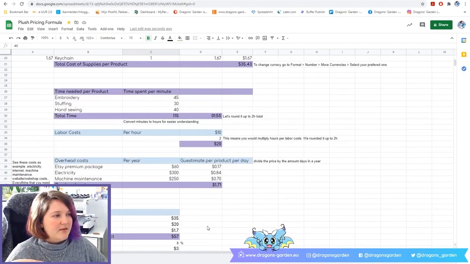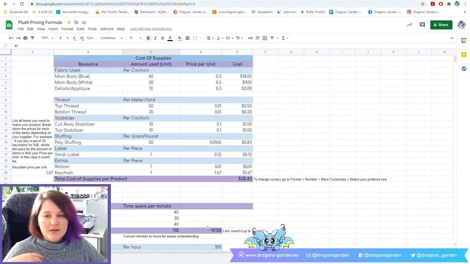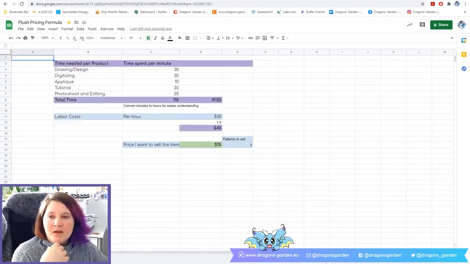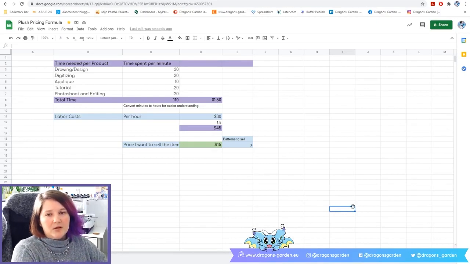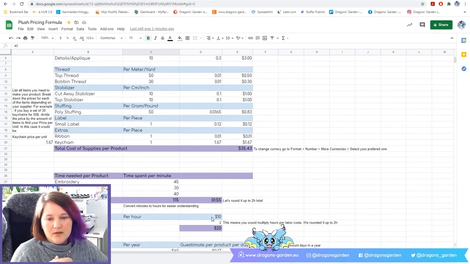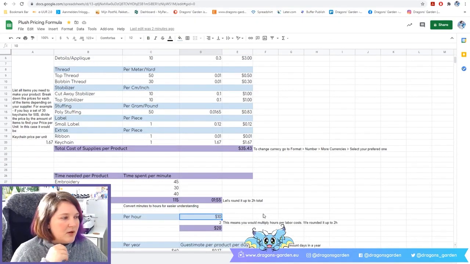So I hope this explains a little bit more about the plushies or any other products that you sell. And for patterns, I don't really do a proper breakdown, but I'm more aware of my time. For example, for plushies, I put here that my time per hour is worth $10, because that's like an average.